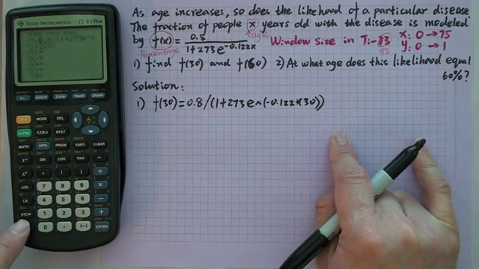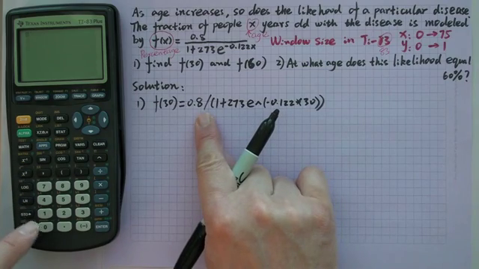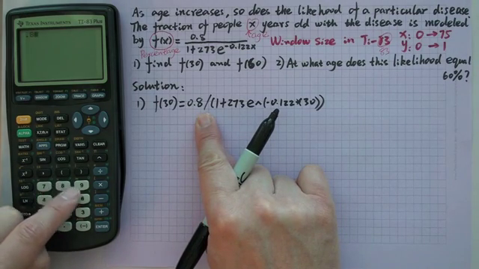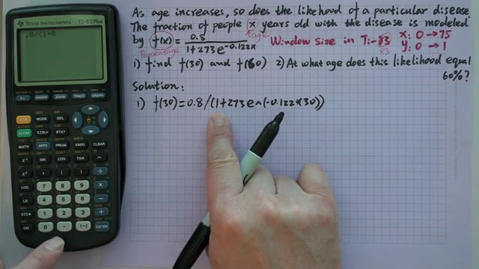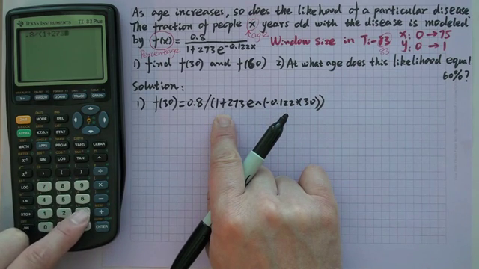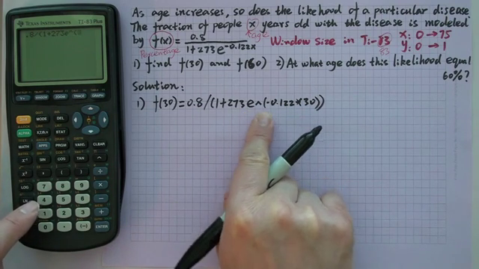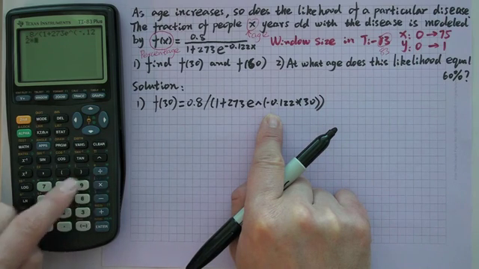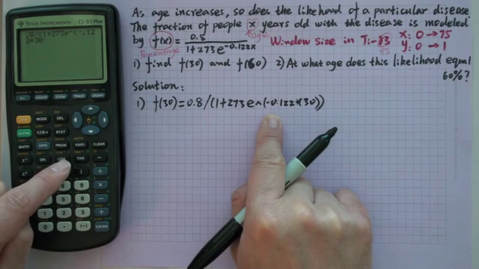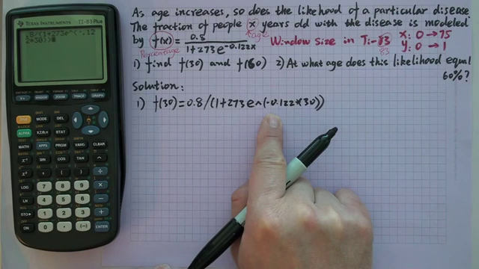So down here, on the calculator you have 0.8 divided by parentheses 1 plus 273, and then e, and then the exponent is negative 0.122 times 30, close parentheses for the exponent, one more for the denominator.